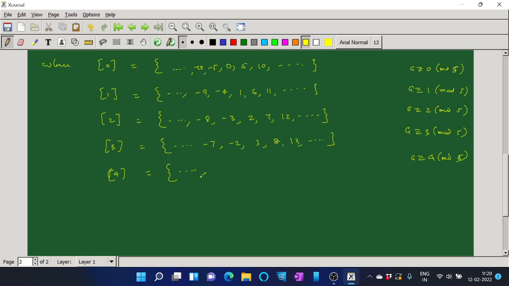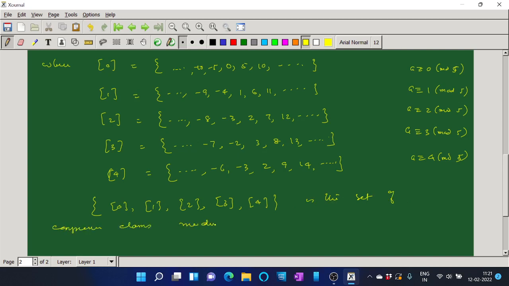They are the numbers like minus 6, minus 1, 4, 9, 14, etc. These sets [0], [1], [2], [3] and [4] are disjoint subsets of Z whose union is the set of integers, and this is the set of congruence classes modulo 5.